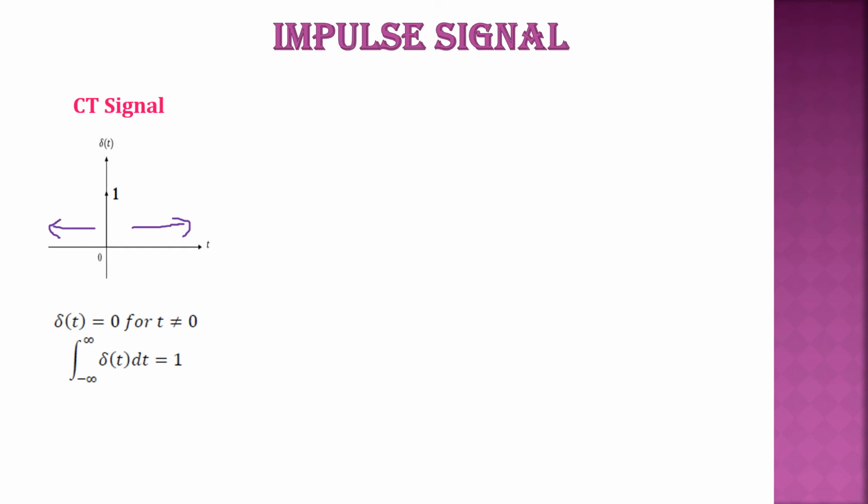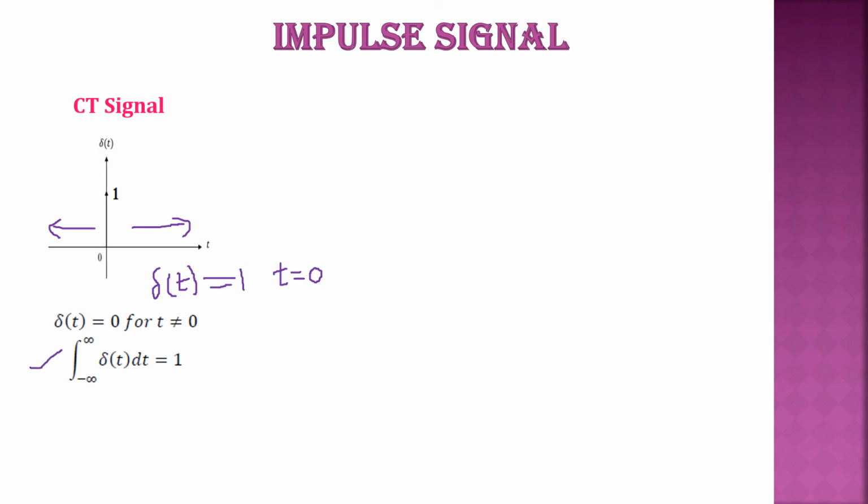So I can write one more statement like this. Del of t is equal to 1 at t is equal to 0, and it is equal to 0 when t is not equal to 0, correct? And you have one more statement here.